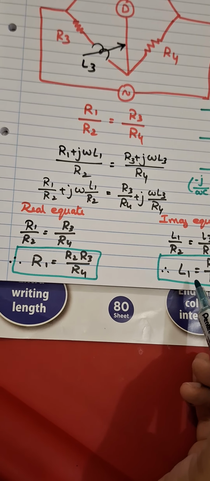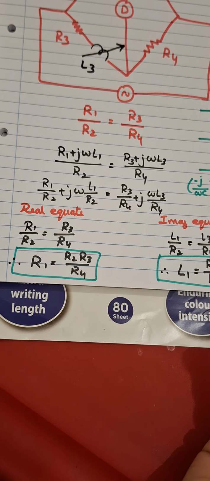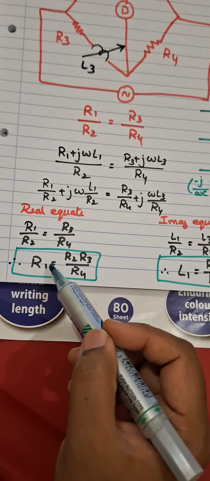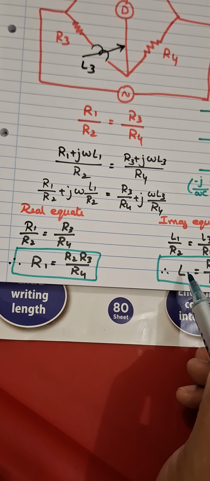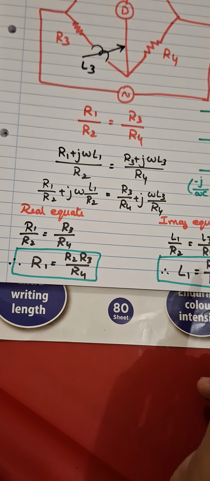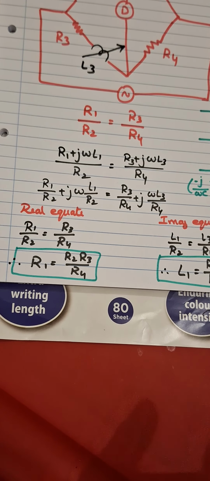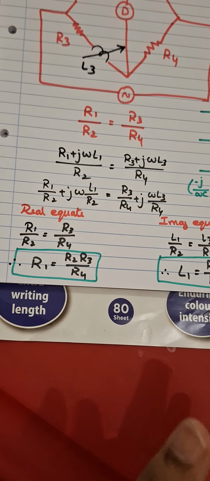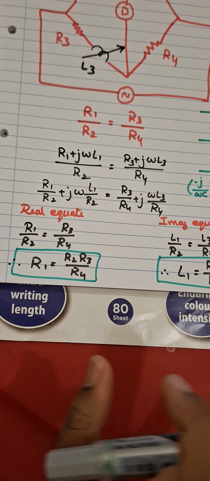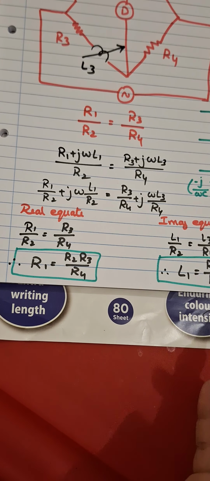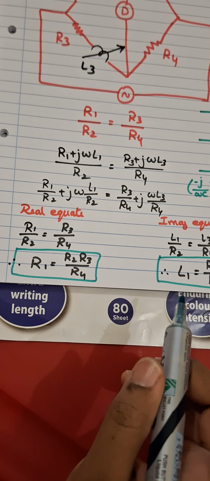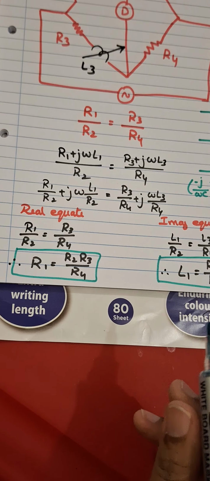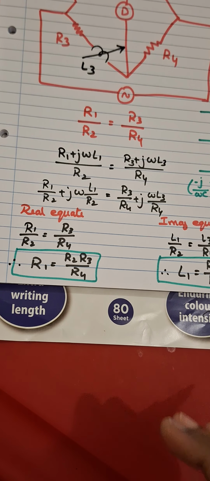When we equated imaginary part, we got inductor value. So finally we can say this is the unknown resistance value and the unknown inductance value when R2, R4 and L3 were given in the problems. This is how you can solve a problem for this Maxwell's bridge method. Are we clear? So regarding this, I am going to do one problem. So you can just check the problem as well. Clear?